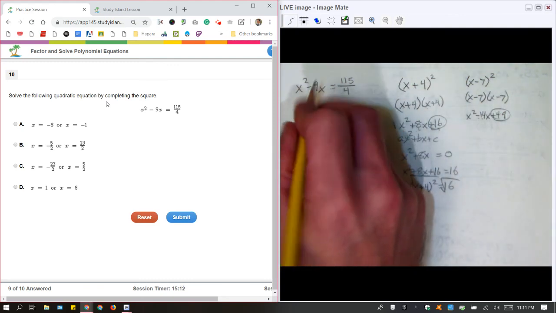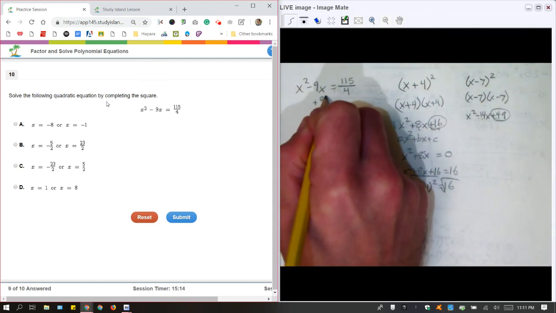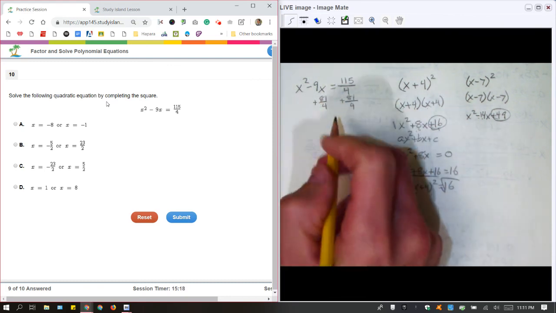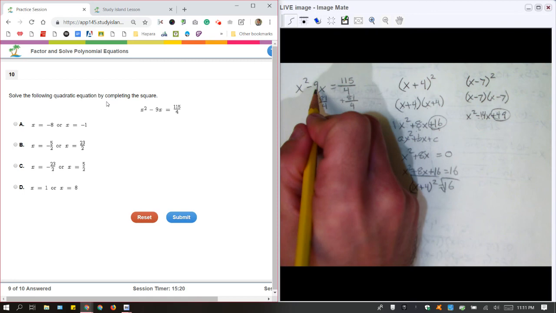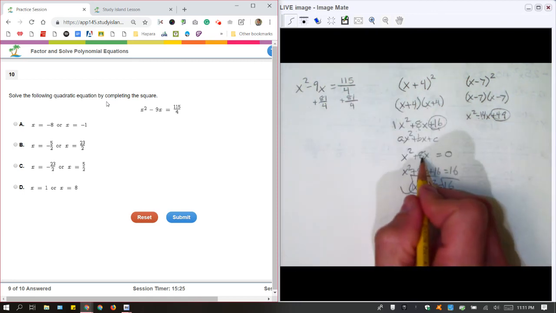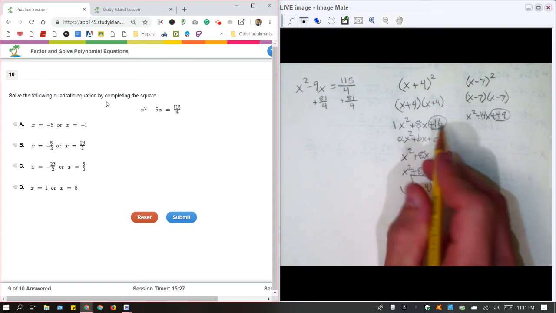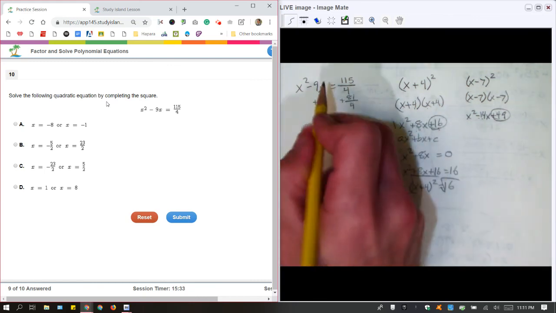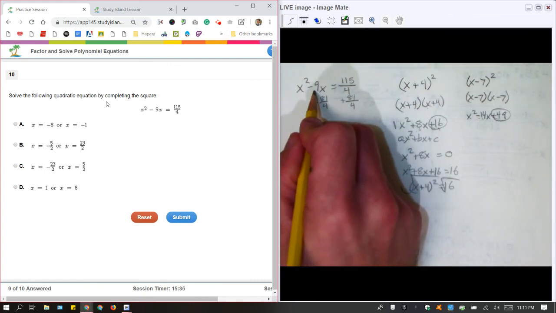So what I'm going to do is I'm going to add 81 fourths to both sides of that equation. Again, because half of 9 is 9 halves, and 9 halves squared is 81 fourths. Just like if I had over here, half of 8 is 4, and 4 squared is 16. That's what I want to add to both sides. Over here, half of negative 14 is negative 7. Negative 7 squared is 49. The last term is going to be half of this squared.